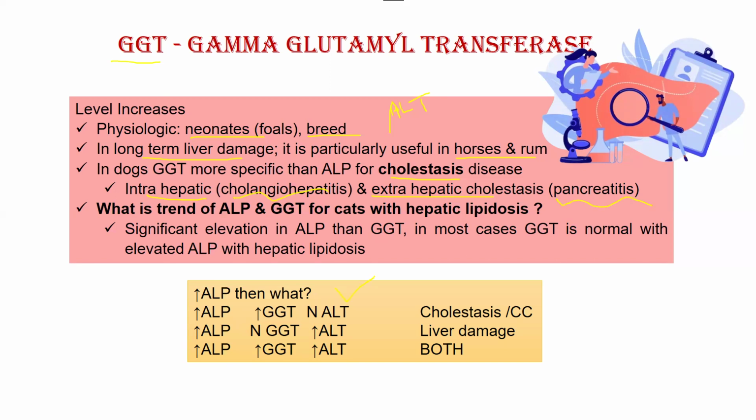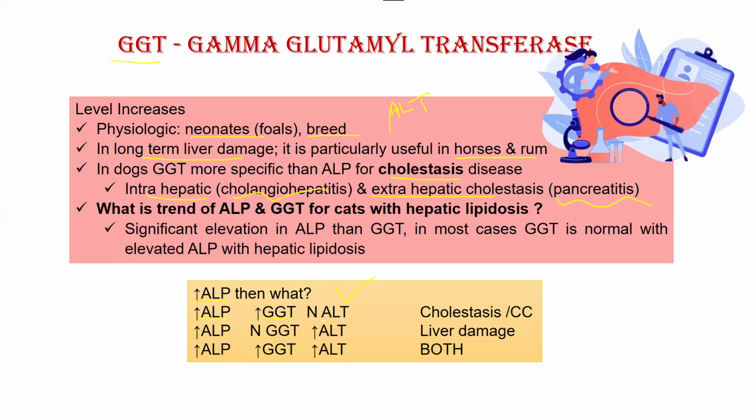We have discussed this in the previous video also, but what does this mean? If you have an increased level of ALP, then in order to decide whether it's cholestasis or corticosteroid based increased ALP, or liver damage based increased GGT, how can you differentiate? Okay, there is an increased ALP, check for GGT.